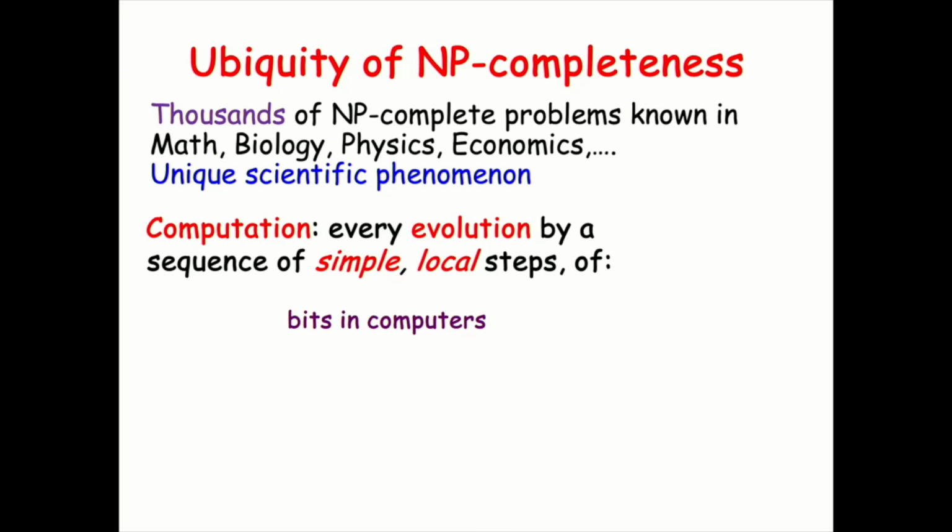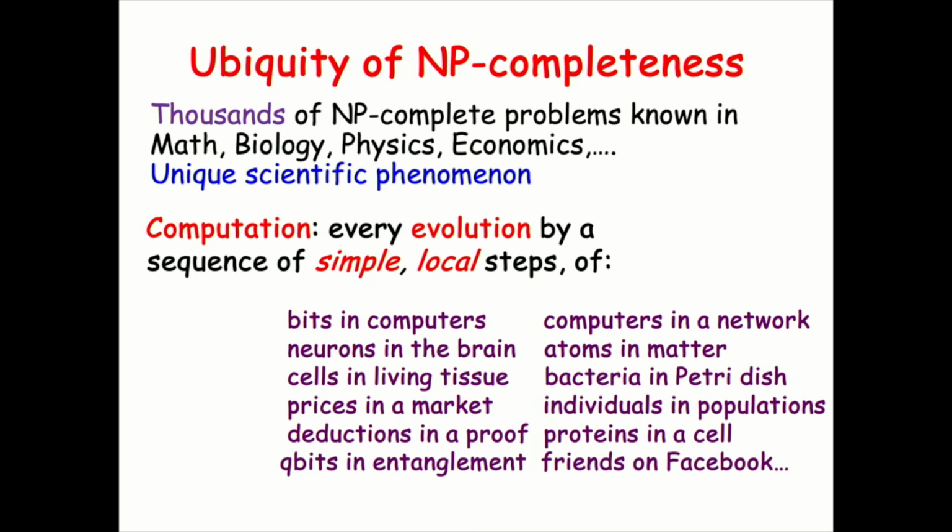But this was then, and by now, we realize that you should think this way about the evolution of, maybe, distributed systems of computers, but much more. Lots of settings in nature: neurons in the brain and atoms in matter and prices in markets, and I will not read the whole list, friends in Facebook. These evolutions happen locally and simply, and they create really weird phenomena.